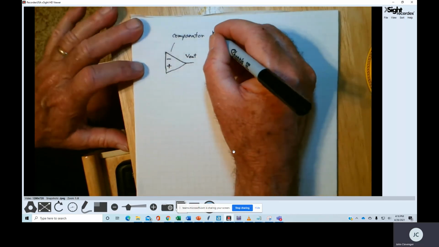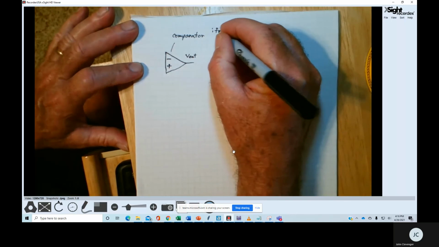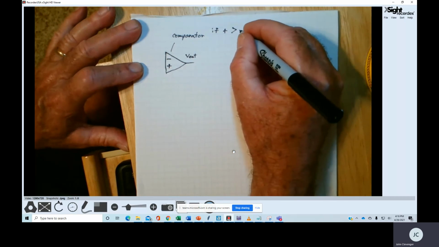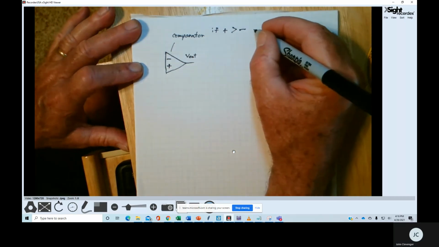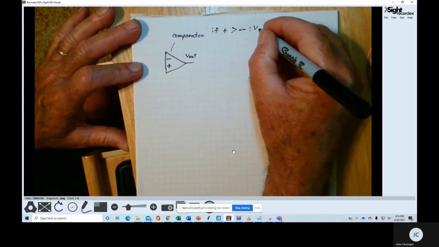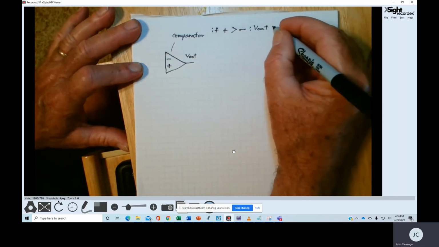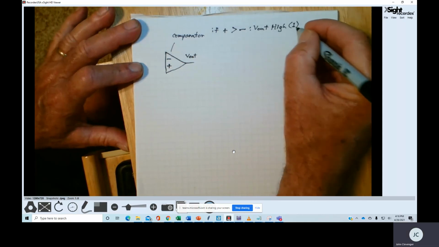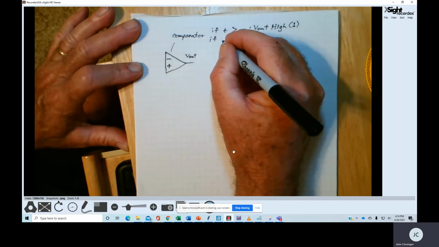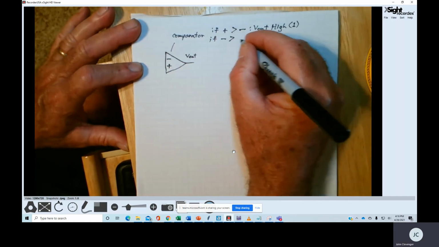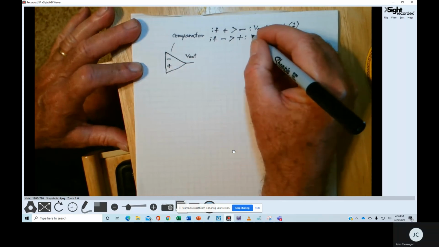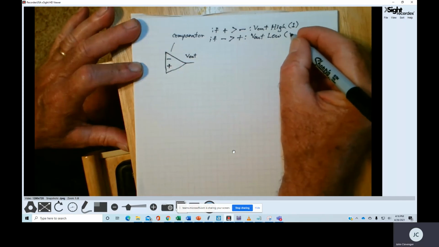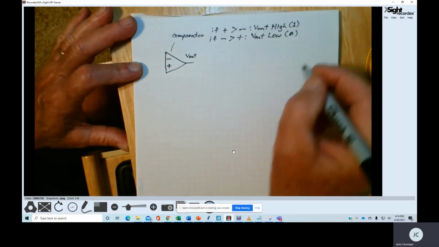So with our comparator, if the positive input, the non-inverting input, is greater than the inverting input, then V out is going to be high, which would be a logic level of 1. And if the inverting input is greater than the non-inverting input, then of course the output is going to be low, which is a logic level of 0.